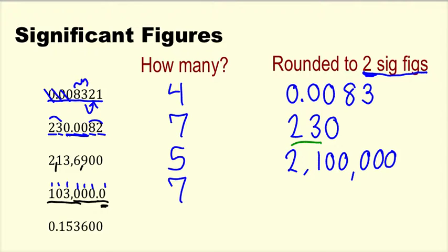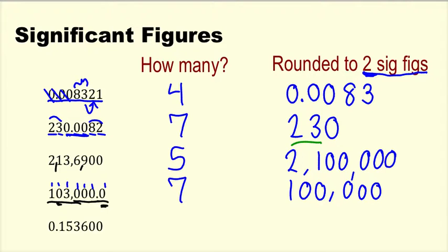If I was rounding it so that it only had 2, it's closest to 100,000. So I would say 100,000. This does get us into a little bit of trouble because this number looks like it only has 1 sig fig. Sometimes that happens, and you always have a lower precision than what you expect.